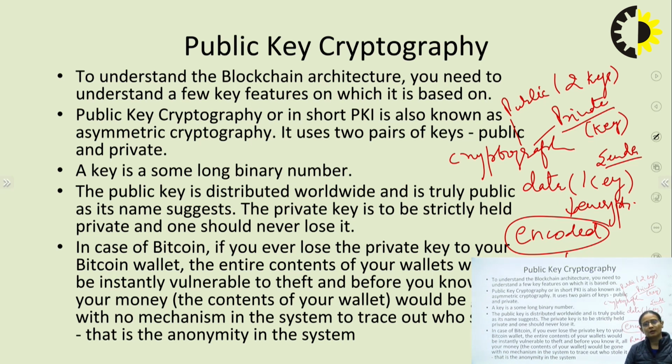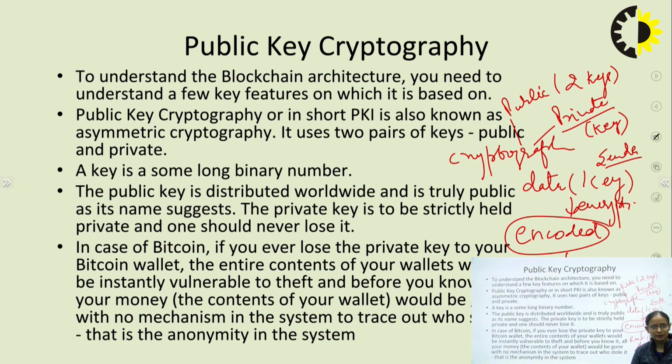Just look, you have a key to your house, so you have only one key, and you need just one key to unlock your door. But if you go to a bank and operate a locker, then you have two keys. One is with you and the other with the bank. Unless you have both keys available, you cannot unlock your locker.